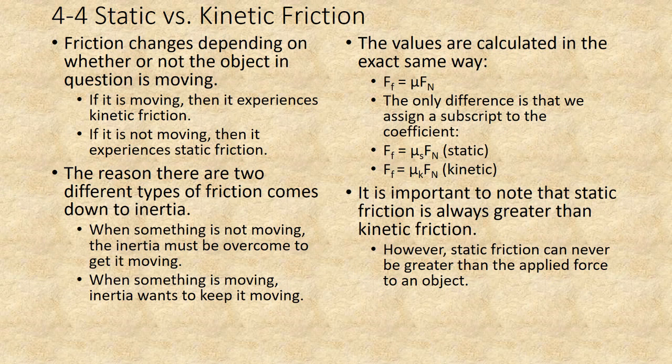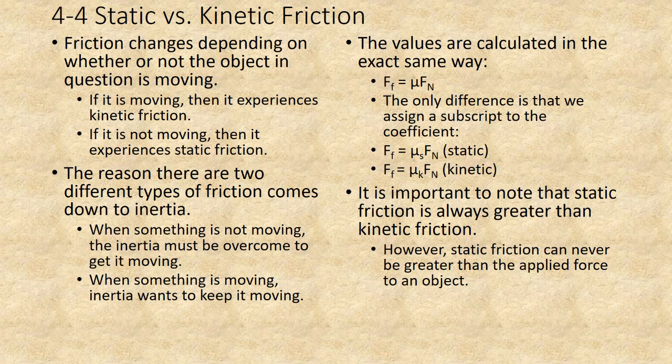So now, it's important for us to consider that there are two types of friction: static friction and kinetic friction. Static friction depends on the object being at rest, and kinetic friction occurs when the object is moving. So this is an either-or scenario.